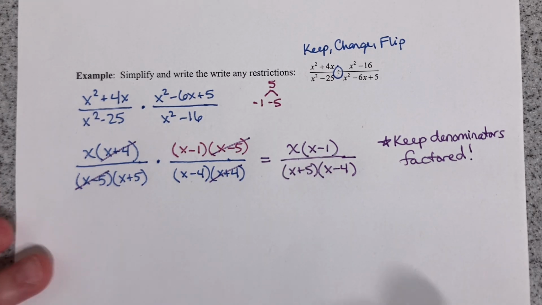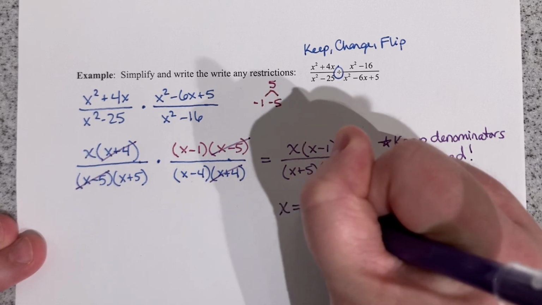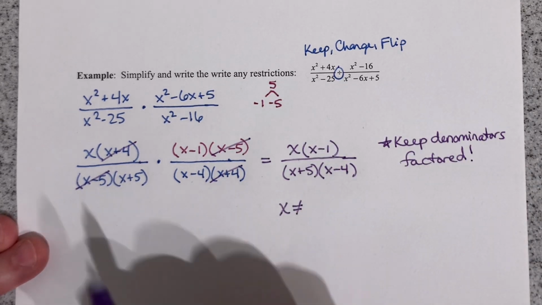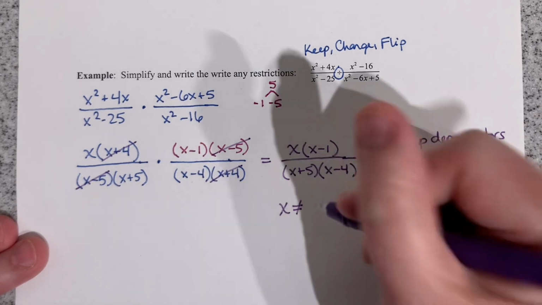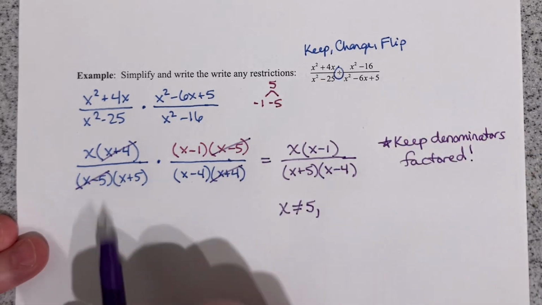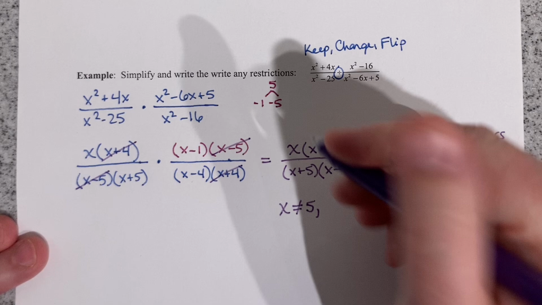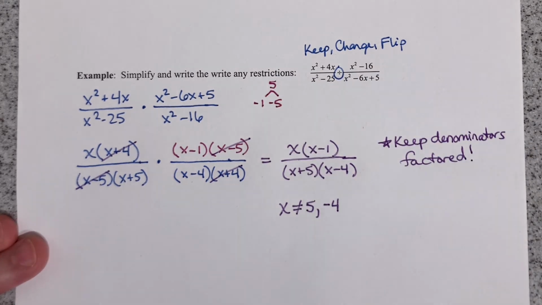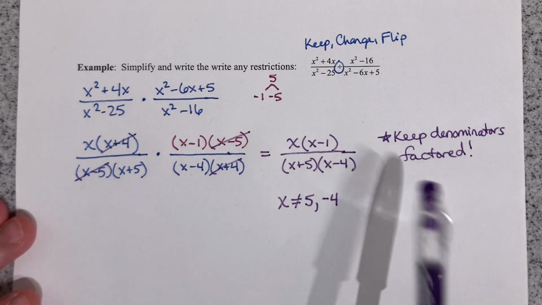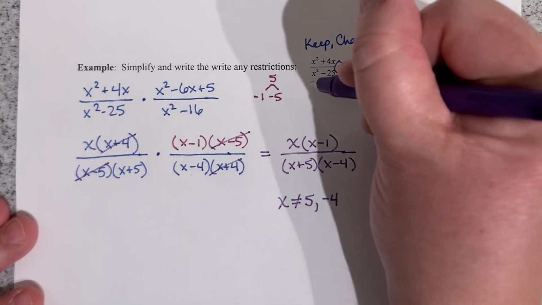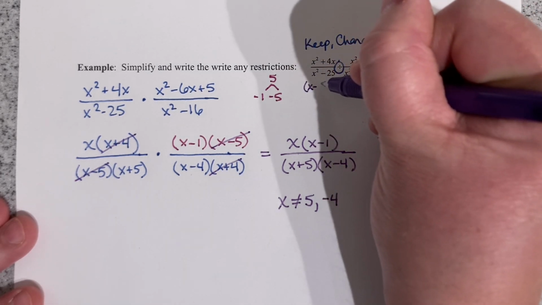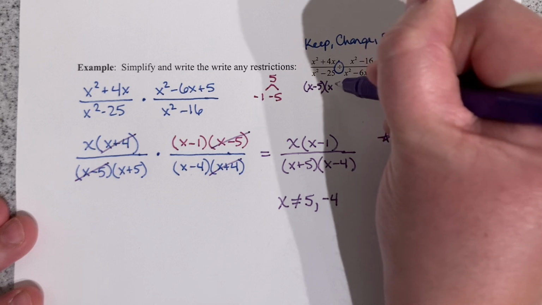Now, domain restrictions. X cannot equal what we canceled out. We canceled x minus 5, so that's cannot equal 5. We canceled x plus 4, so that's a negative 4 would make that 0. And then we want to double check that the original problem can't divide by 0. So I'm just going to rewrite the factoring we already did.